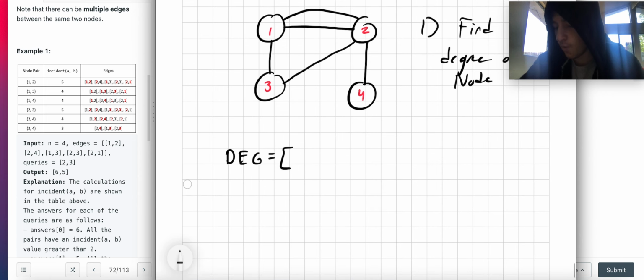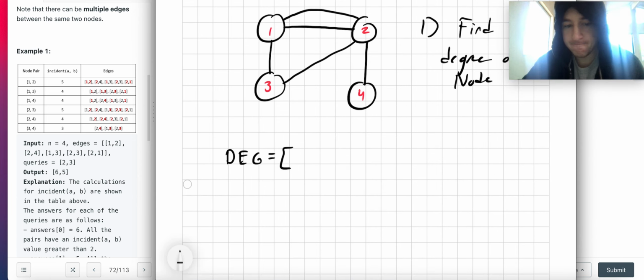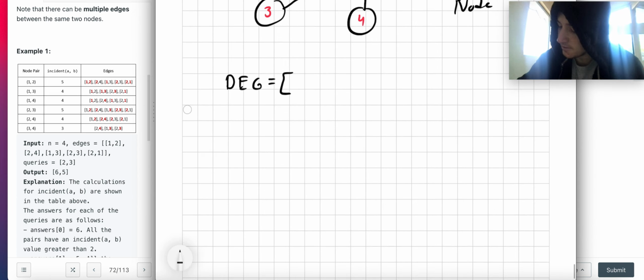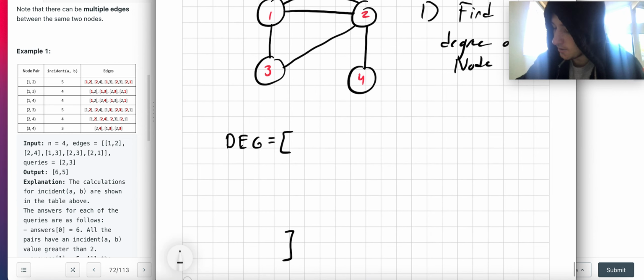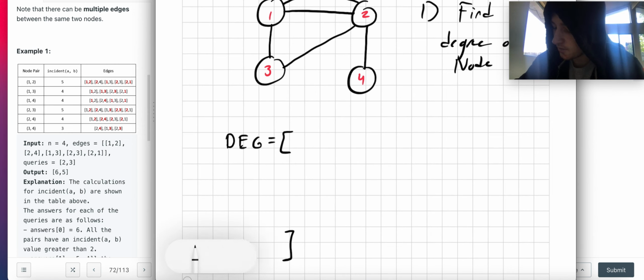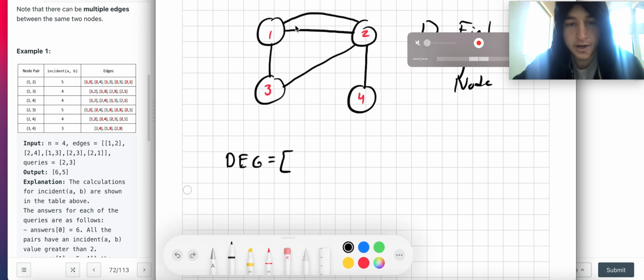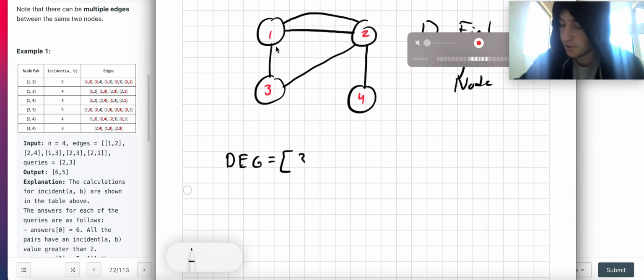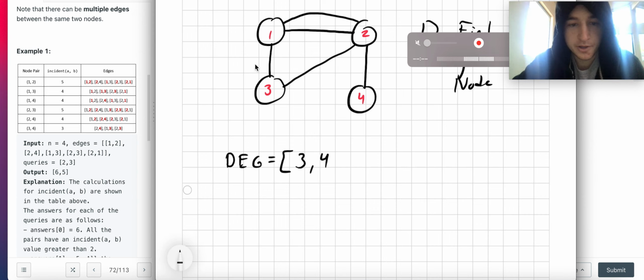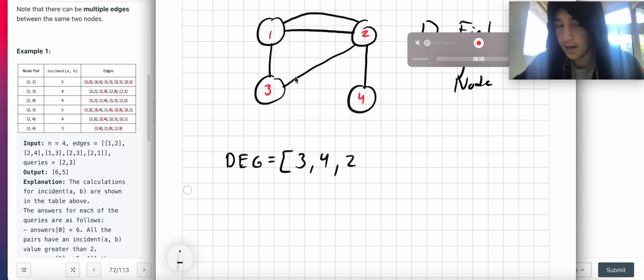The degree of 1 is what? Well, we have 1 neighbor, 2 neighbors, 3 neighbors. The degree of 2 is 1, 2, 3, 4. The degree of 3 is 1, 2. And the degree of 4 is just 1.